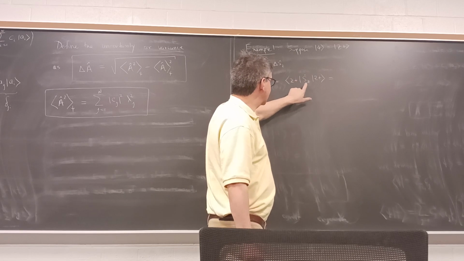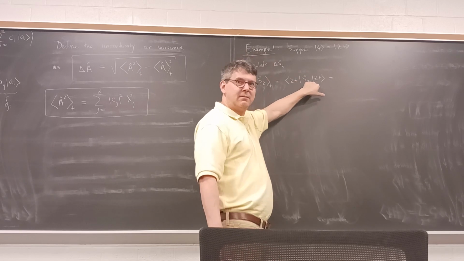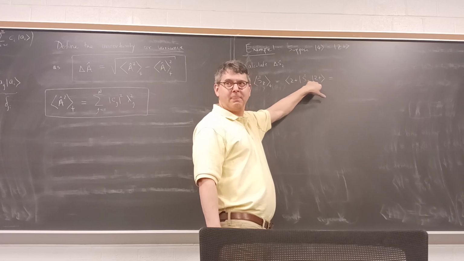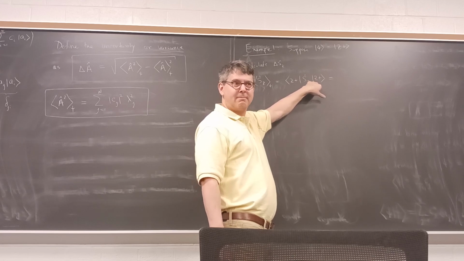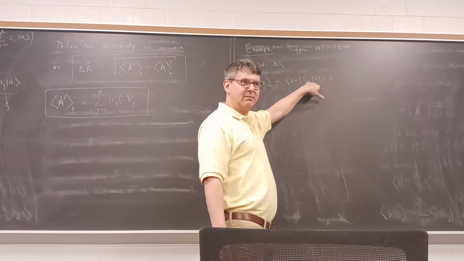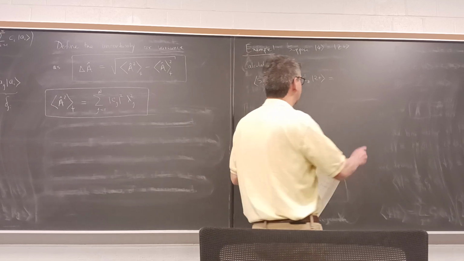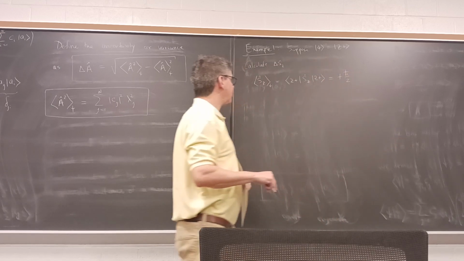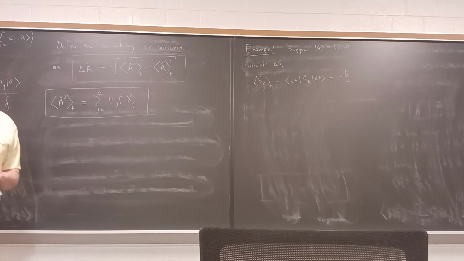That will come out, it's just a constant, and then I'll have Z plus, which is in the direction of Z plus, right? So this is just plus h bar over 2. Everybody see that?